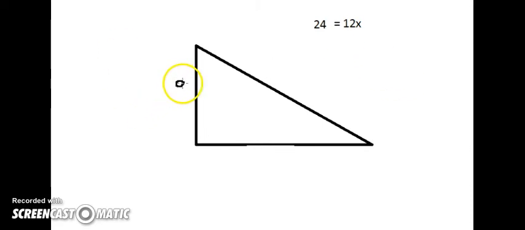It can be 9, 12, 15, and so on. This is still a 3, 4, 5 triangle because this is 3 times 3, 4 times 3, 5 times 3. It's the 3, 4, 5 times the same number, so it's still a 3, 4, 5 triangle.